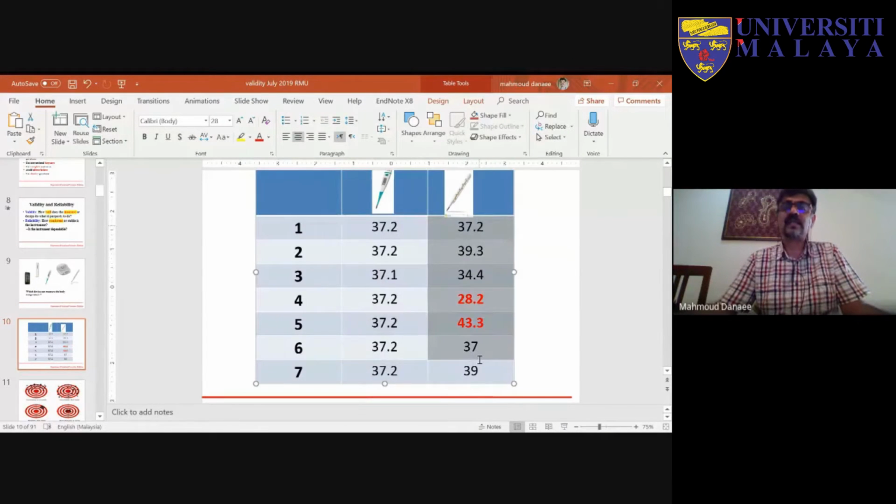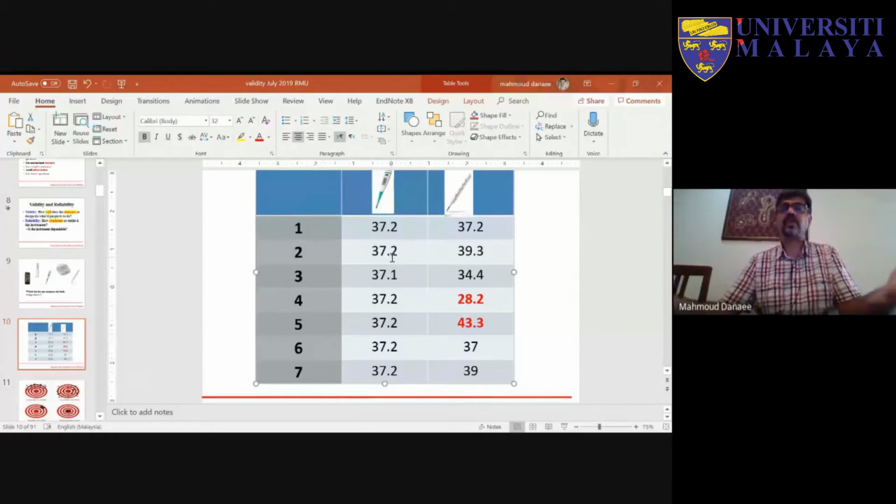While in this reading, the same person, but we use a different instrument, different thermometers for measuring body temperature. As you can see, in each reading we have different numbers, correct? So it indicates that this instrument is not consistent, despite the subject being the same person within a short time.